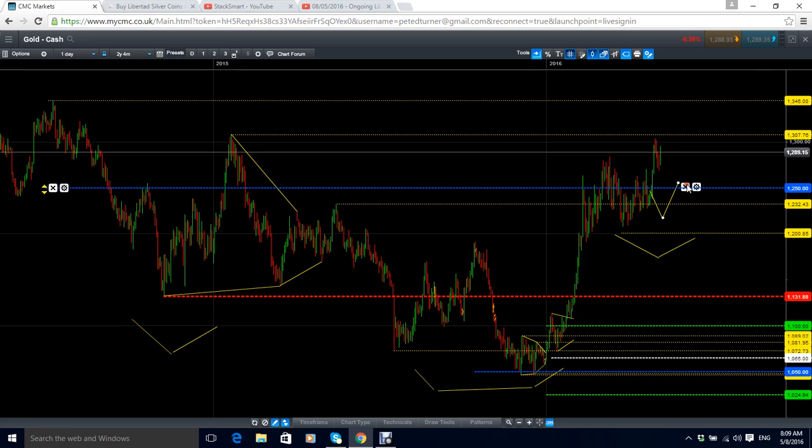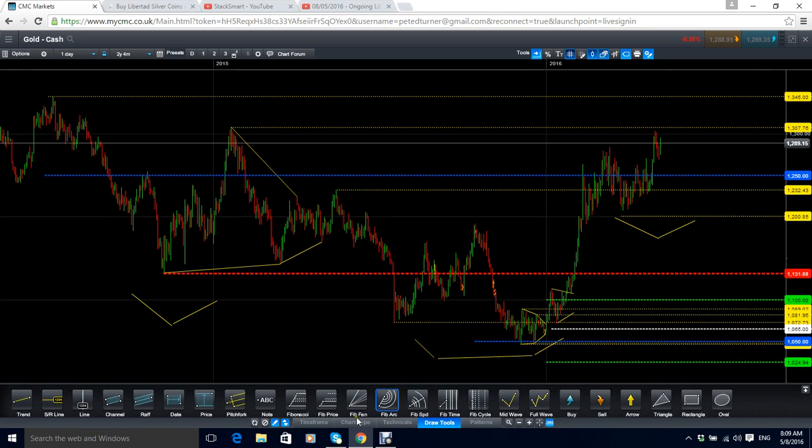Now, what I've found over time is that on these head and shoulder patterns, we normally get like a spike up off the shoulder. Let me just draw some lines in. So I expect maybe we'll head up to 1345 or something like that.